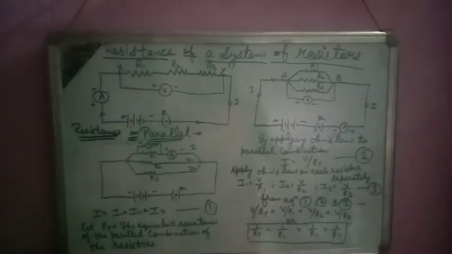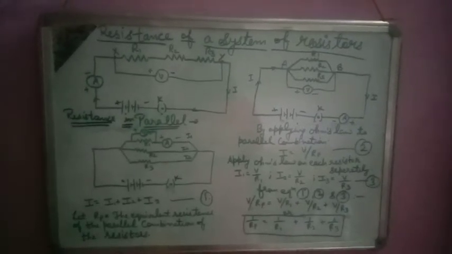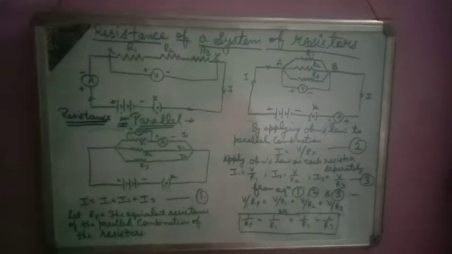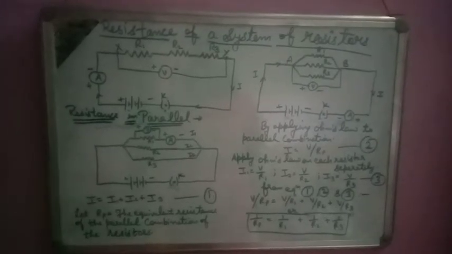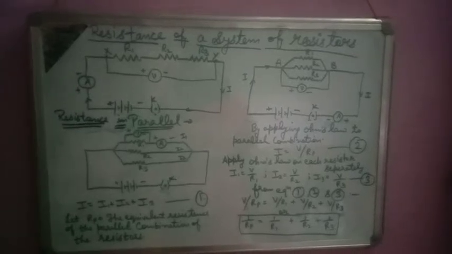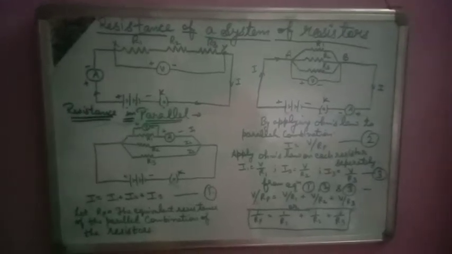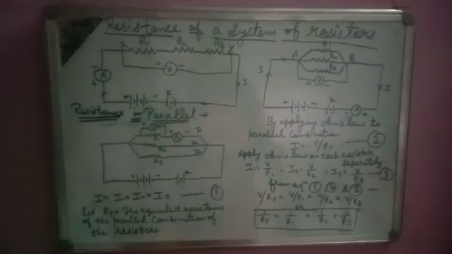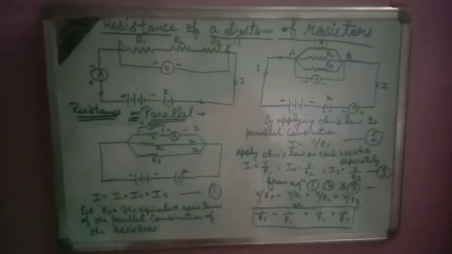So what are the advantages of a parallel circuit over a series circuit? Very important question. What are the advantages of a parallel circuit over the series circuit, or what are the disadvantages of the series circuit? So I am going to explain the answer to this question.